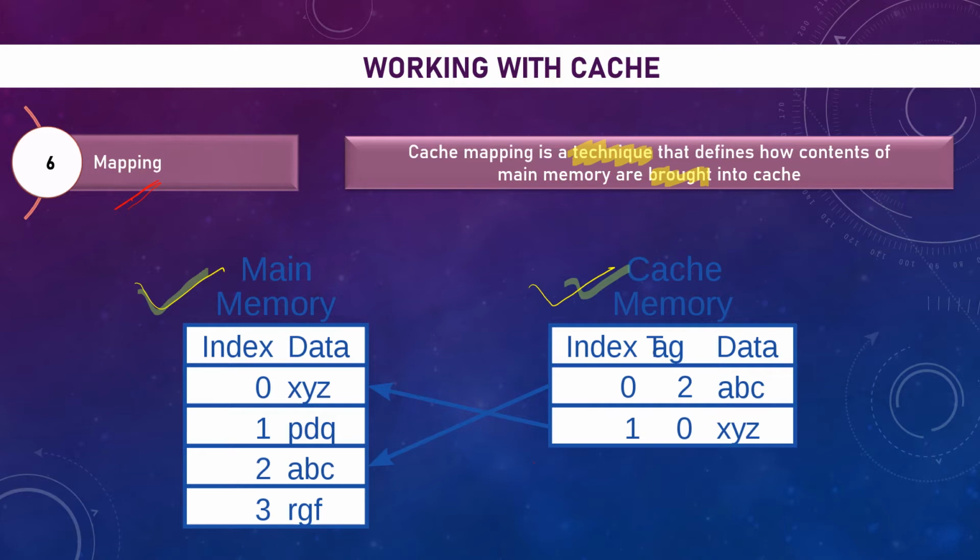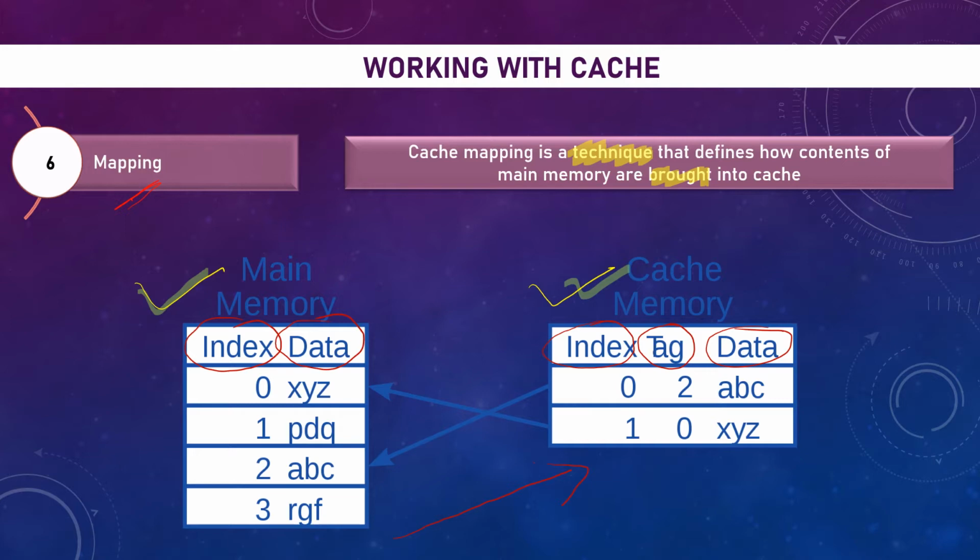Now if you notice, in a cache memory we have index, then tag, and then data. And in main memory we have a data column and an index column. Now what happens when you transfer the data content from main memory to the cache memory? It brings some other information too.